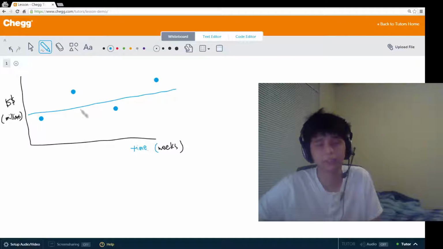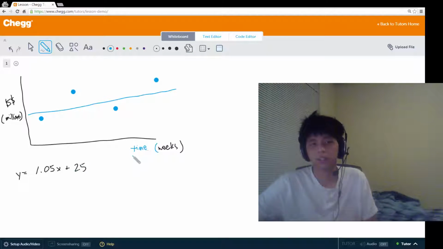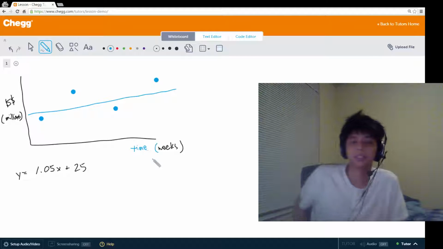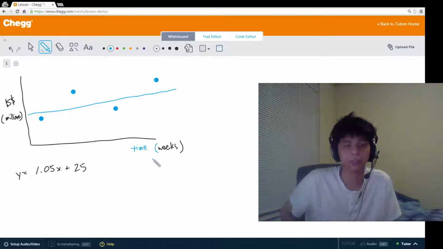We can see a general increase in the stock value, and we can write out the equation of this regression line as y equals, let's just say, 1.05x plus 2.5. So for every successive week that goes by, the stock value increases by 1.05.